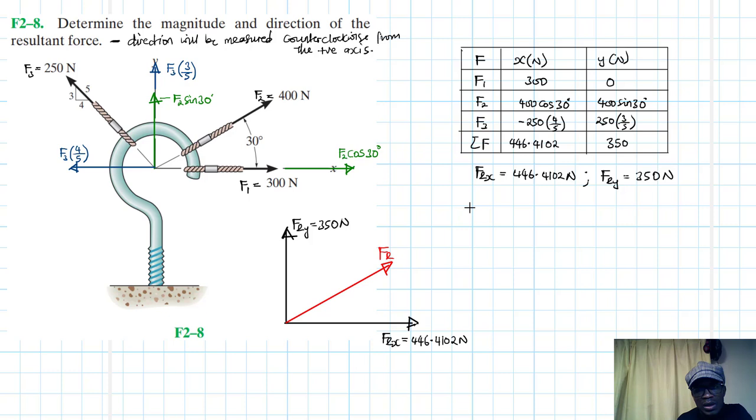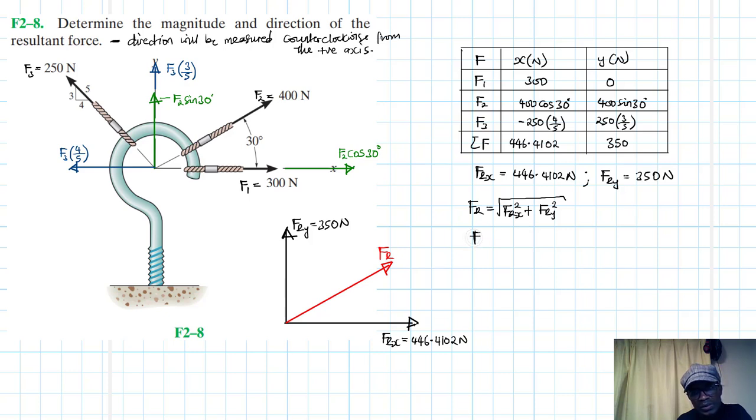Right. The resultant, just using Pythagoras theorem, is equal to the square root of FRX squared plus FRY squared.